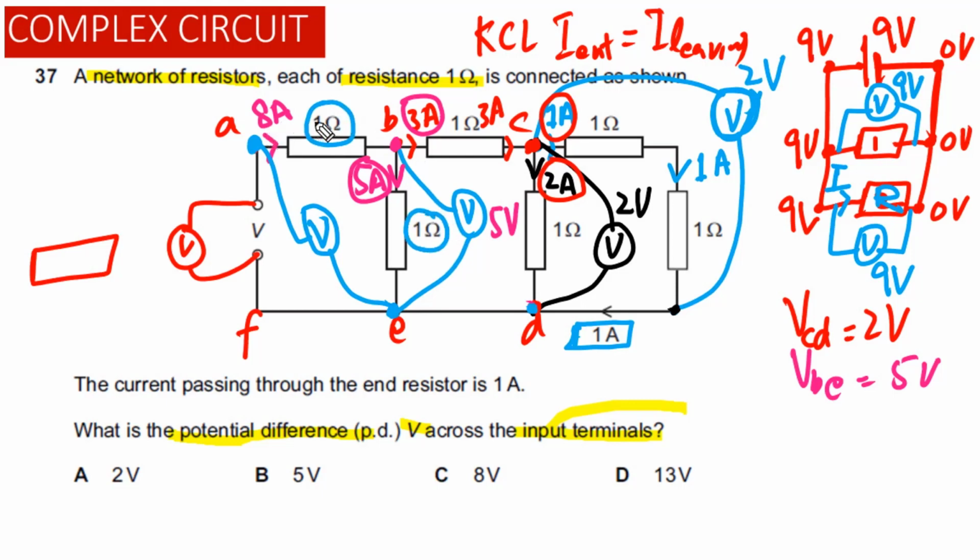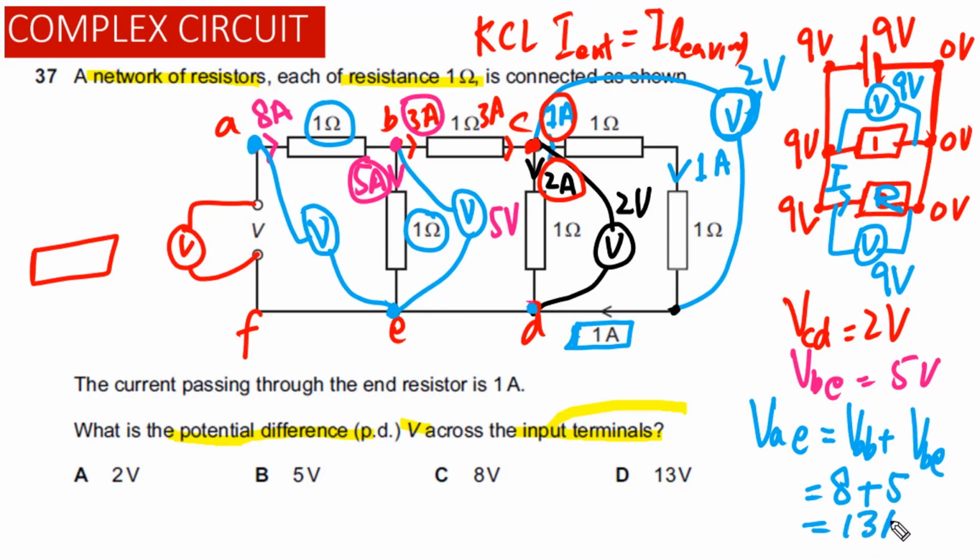So the potential difference across this resistor will be equal to 8 volts and across this one is equal to 5. So we can say VAE will be equal to potential difference across AB plus the potential difference across BE. Across AB is equal to 8 and plus across BE that is equal to 5. So it means the potential difference across AE is equal to 13 volts.